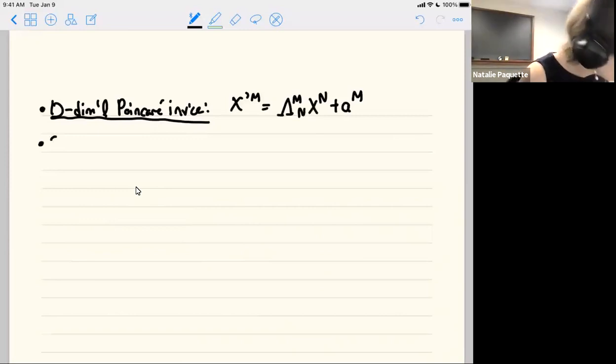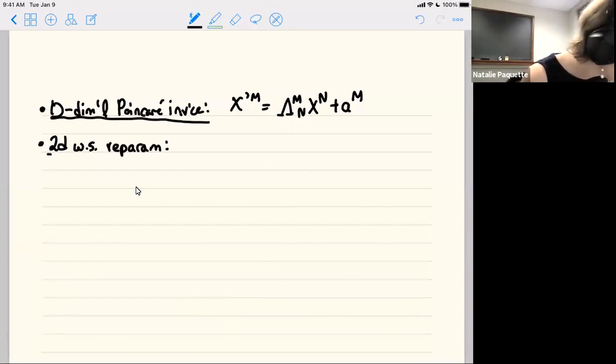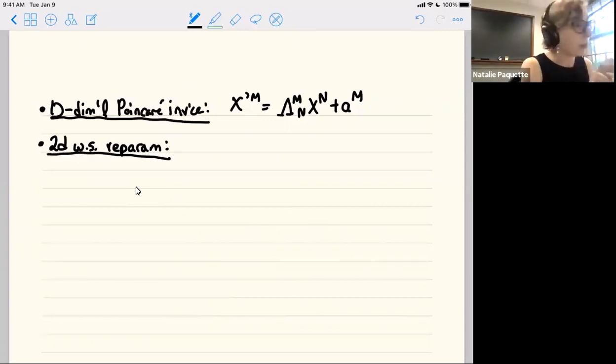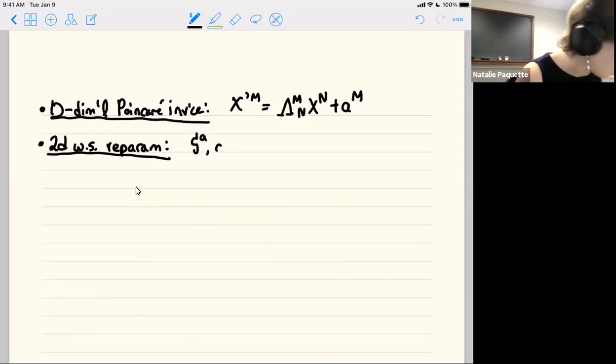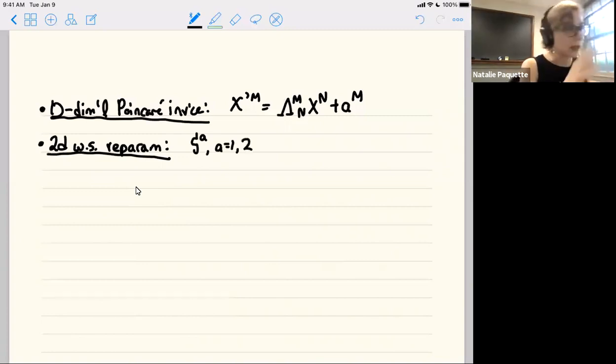Then in 2 dimensions, we have 2-dimensional world sheet coordinate reparameterizations, or diffeomorphisms. And this is a local symmetry from the point of view of the world sheet. If I denote my world sheet coordinates by some variable zeta, just for compactness of notation, zeta 1 is sigma, zeta 2 is t. Then the transformations will leave the embedding scalars invariant.